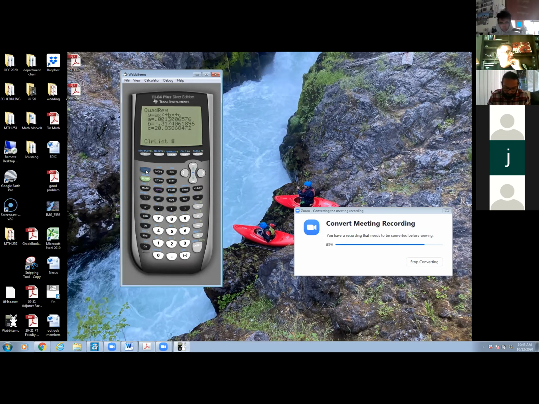I'm going to have numbers in list 1, comma, and second list 2. So it says, okay, I'm done. Now if I go to stat and I do what I want to do, which is edit, I want to stay on edit. What I'd like is for there to be nothing in here, like there's no data in there. You can just type over the top of your old data, but I just wanted to get rid of mine. So now I'm going to go put those numbers in.